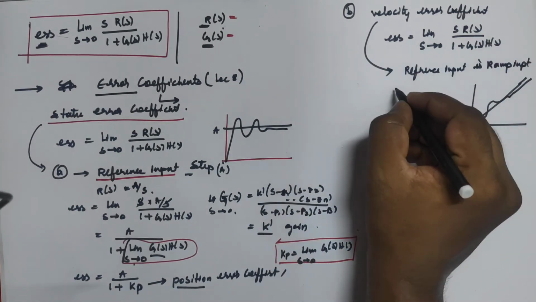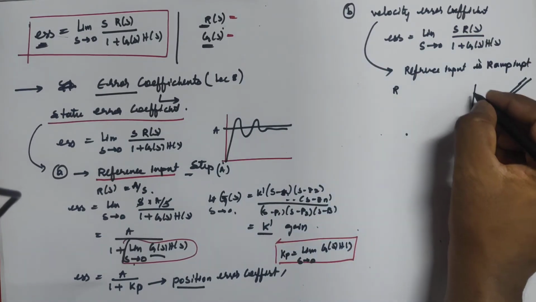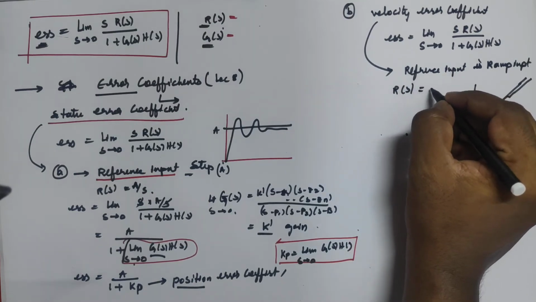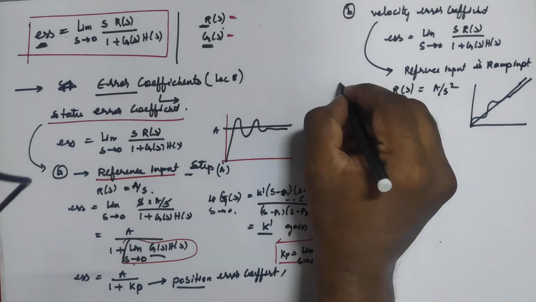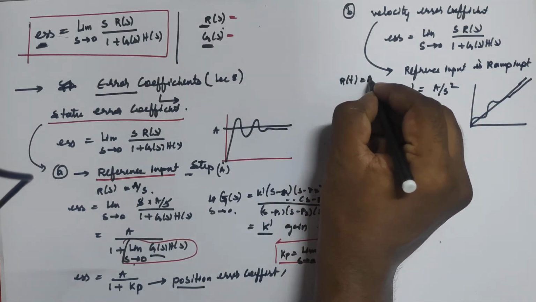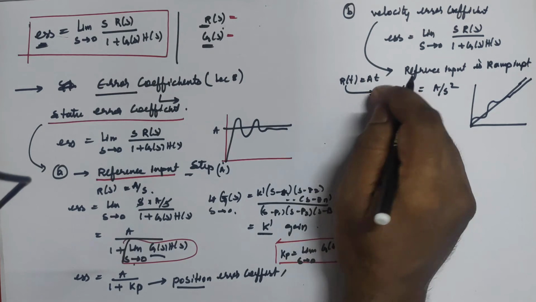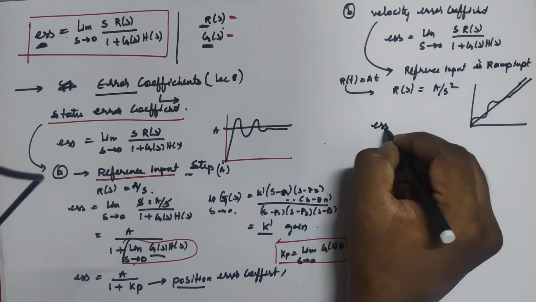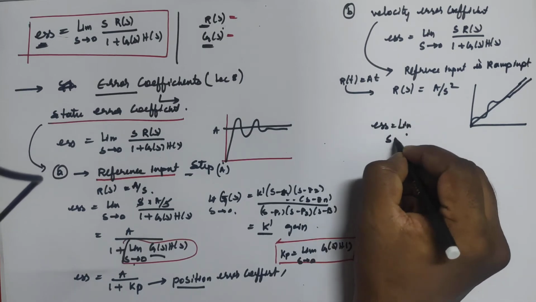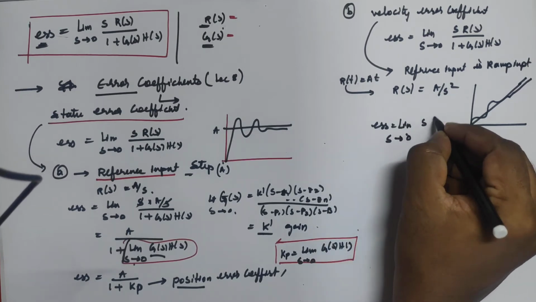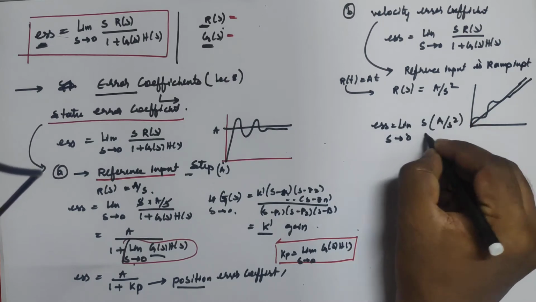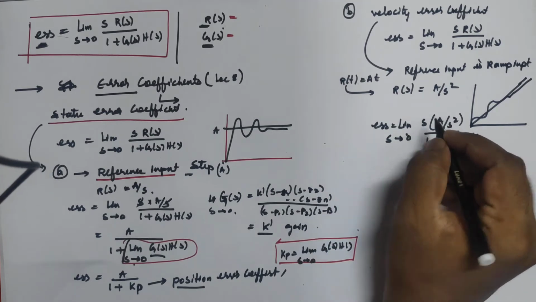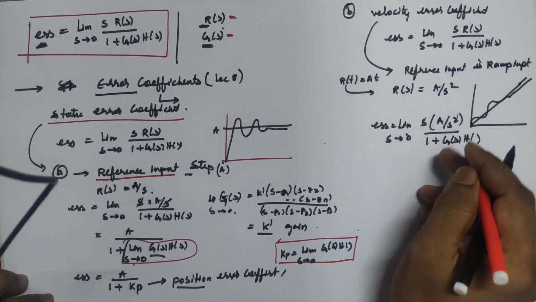Substitute the Laplace of the ramp input with magnitude A: R(s) is A by s squared. Substitute this here, so we obtain E(s) equal to limit s tends to 0 of s into A by s squared by 1 plus G(s) H(s). Cancel the s terms, and you'll end up with A by s.